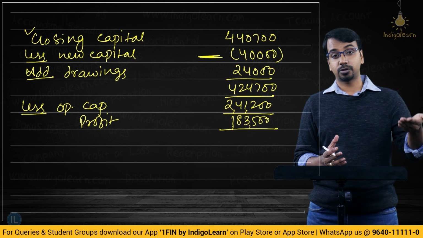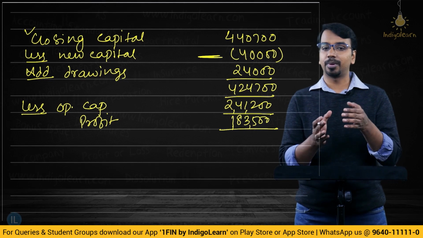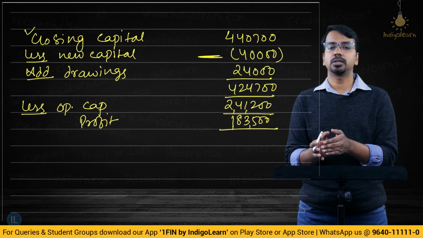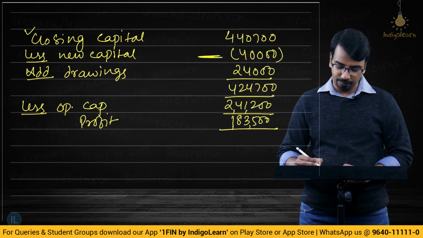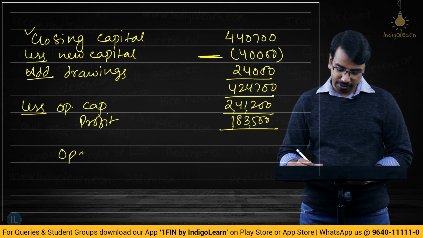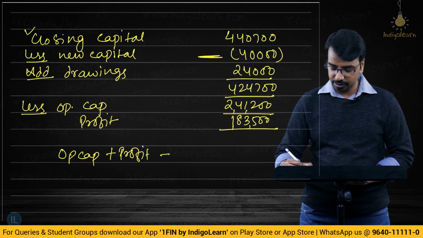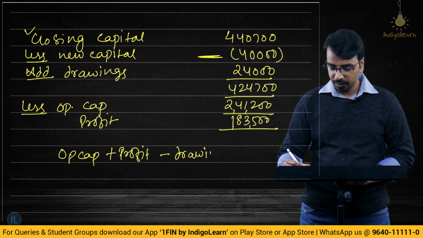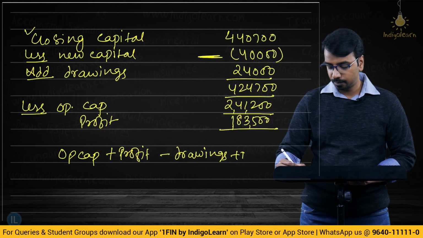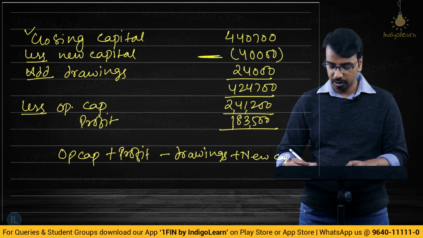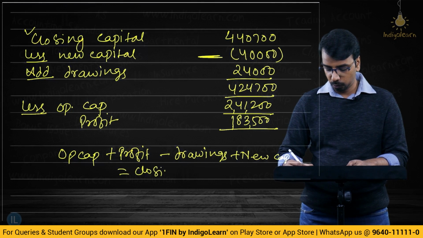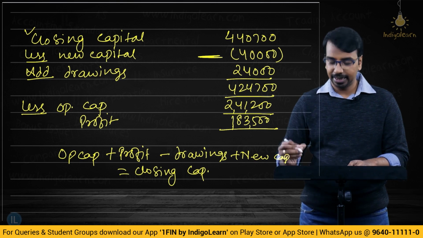So either way you can prepare. You can prepare the first statement that we said, or you can prepare a ledger statement, or you can use this third method. The formula remains the same. We had our formula: opening capital plus profit minus drawings plus new capital is equal to your closing capital, right?